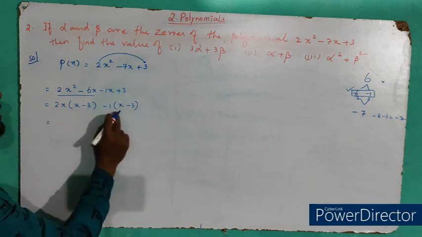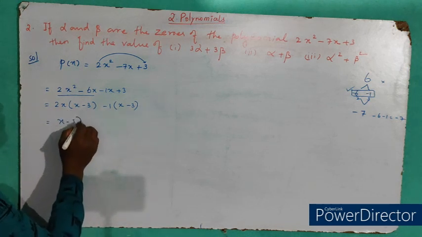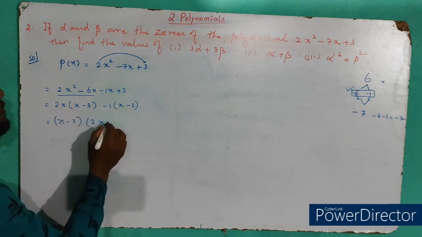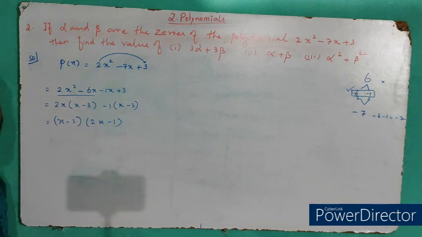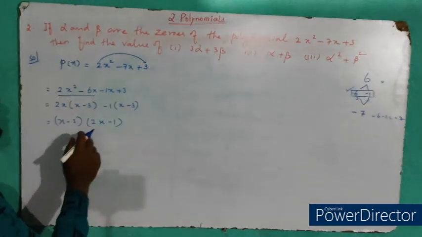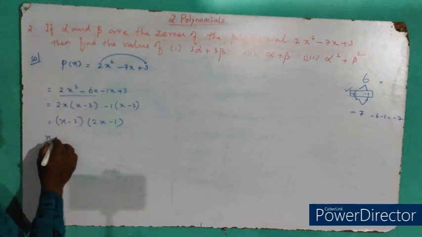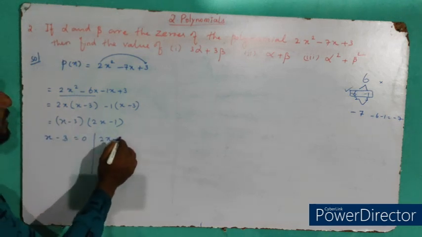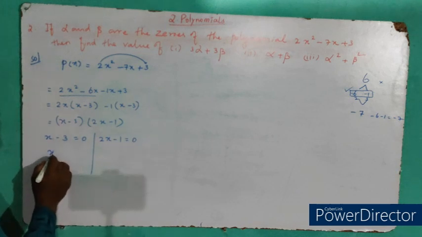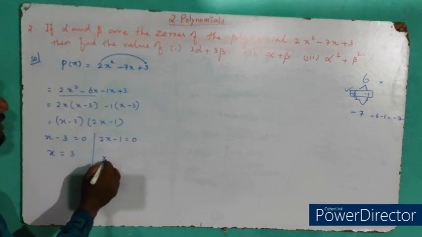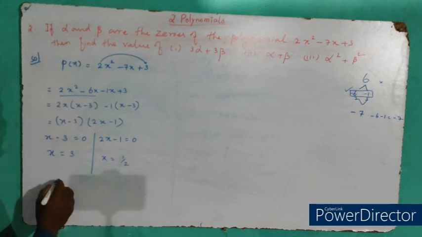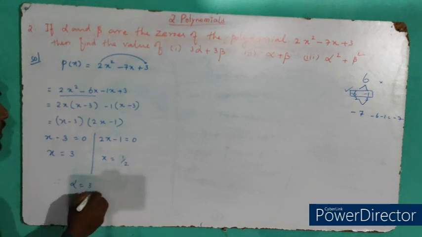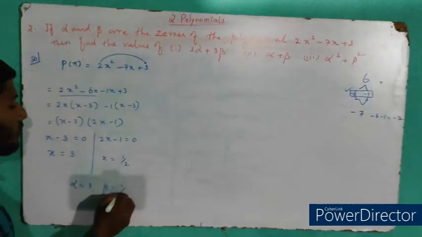Further, if you take x − 3 common outside, the remaining terms are 2x − 1. Now to find the zeros, let's apply each factor equal to 0. Then you will get x − 3 = 0 or 2x − 1 = 0. Here the x value is 3 and here the x value is 1/2. Therefore alpha is equal to 3 and beta is equal to 1/2.